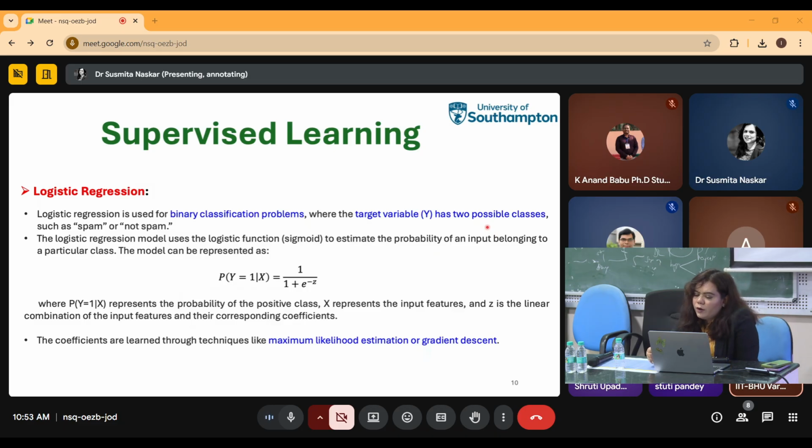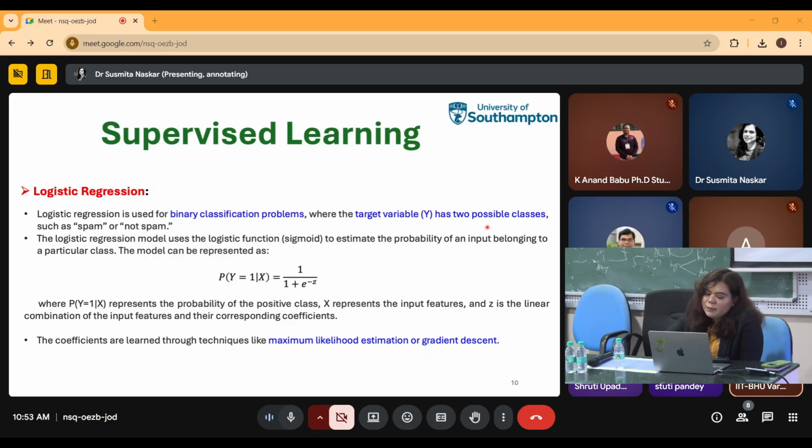And how does it generally work? Instead of predicting a number directly, logistic regression predicts the probability of an input belonging to a class, rather than saying this belongs to Y or does not belong to Y. It tells you the probability of belonging to Y. It does this using the logistic function, which we also call the sigmoid function, which maps any real number to a value between 0 and 1.